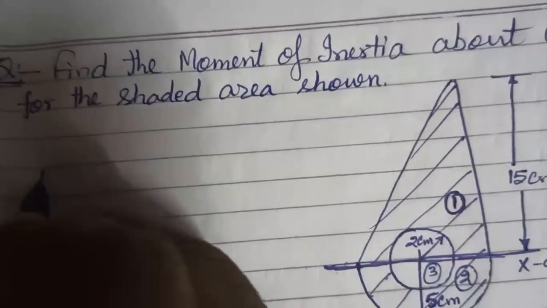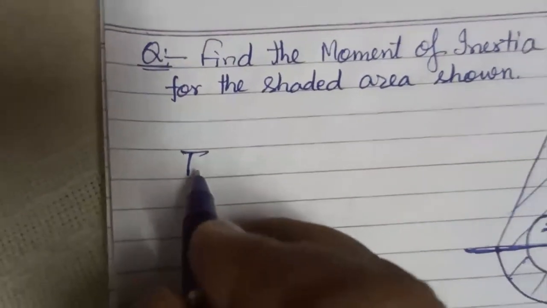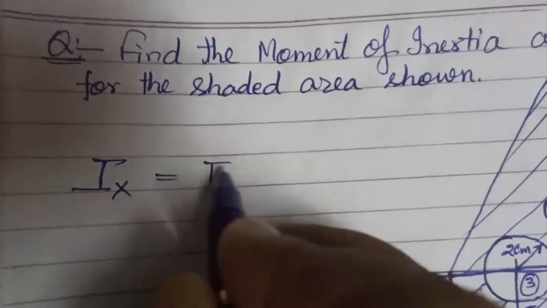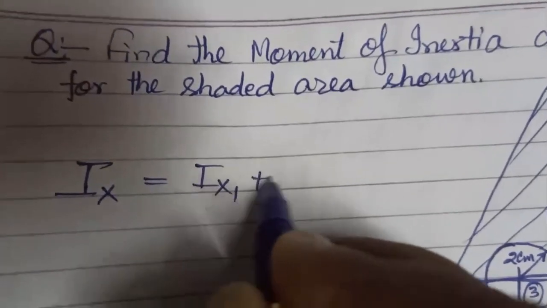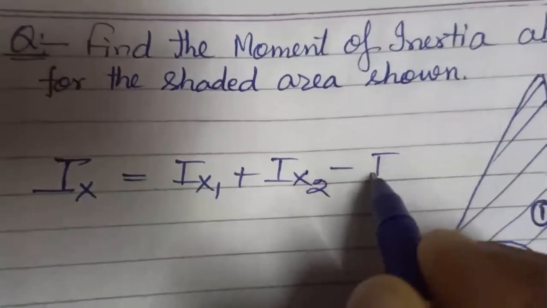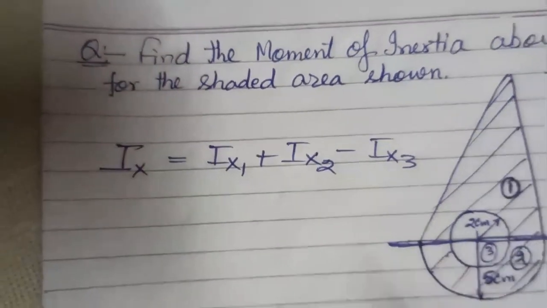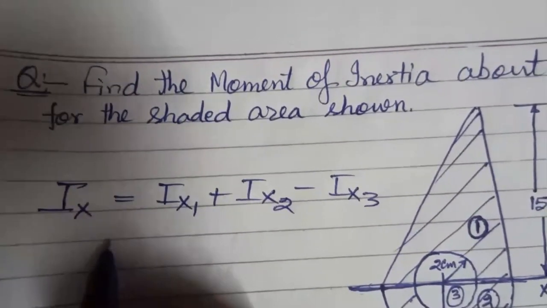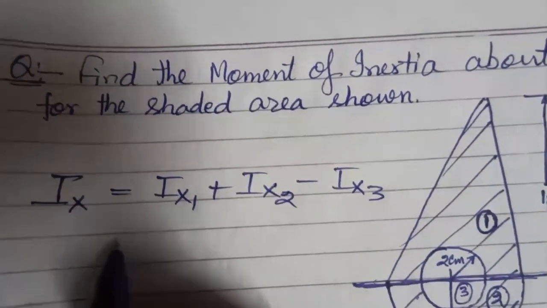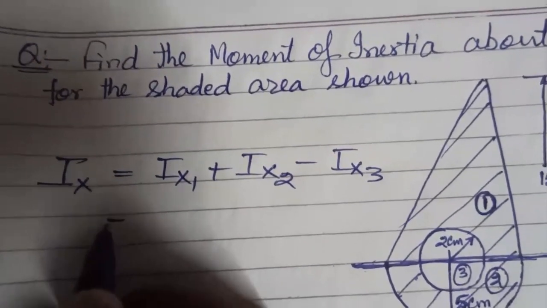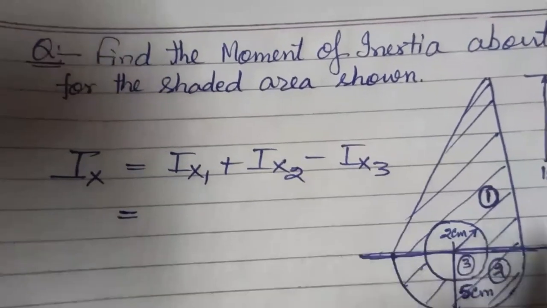So now Ix is equal to Ix1 plus Ix2 minus Ix3.